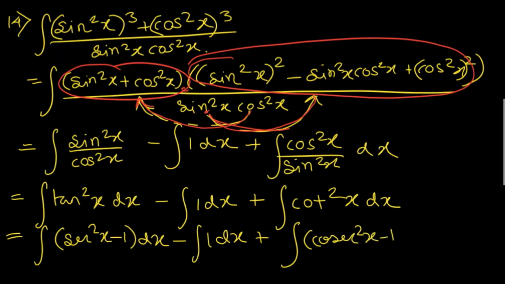so we can easily write this according to the trigonometric formulas. These come under the basic formulas. This is obviously a standard formula of integration. This is also, and this cot square x is also a standard formula of integration.